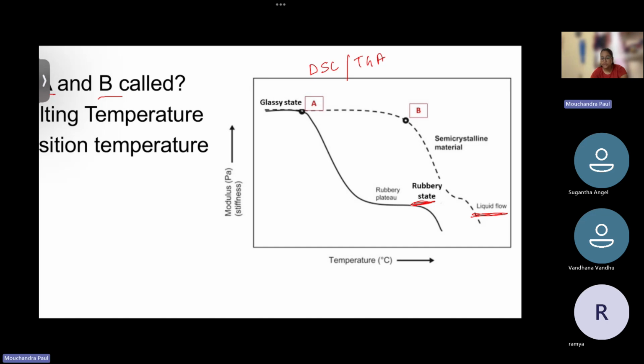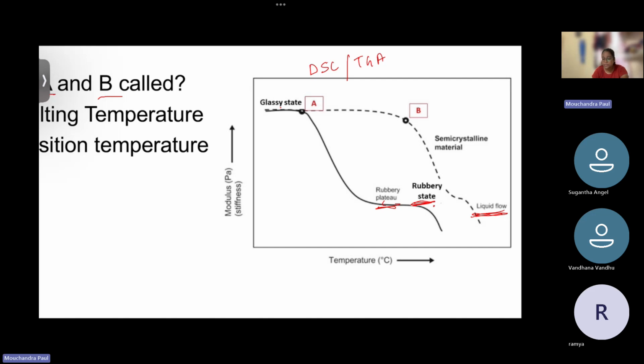And in between the glassy state and the rubbery state, some plateau is often seen. Temperature remains constant and then it starts falling.